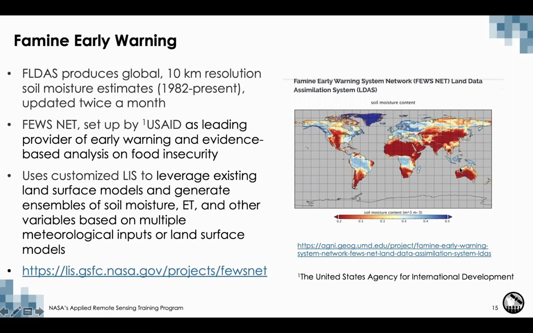And one example shown here is the global soil moisture content. It shows these red areas where there is much less soil moisture, and that indicates where there would be less agricultural productivity.